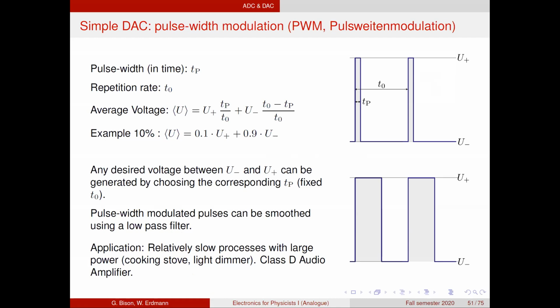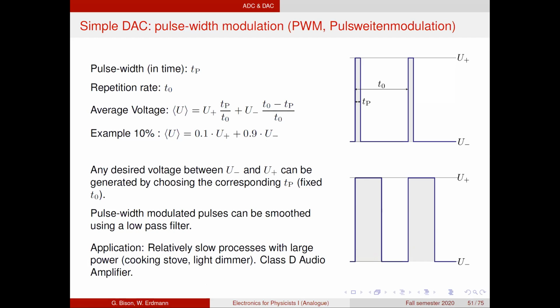You have very small loss in the element that switches, because if it's switched off, there is zero current, so there is no dissipation. If it's switched on, a modern transistor can have a very small internal resistance, so there's also a small dissipation of power. If you want to generate something in between, then you always have to dissipate power in your amplifier. This can be avoided if you use pulse width modulation.